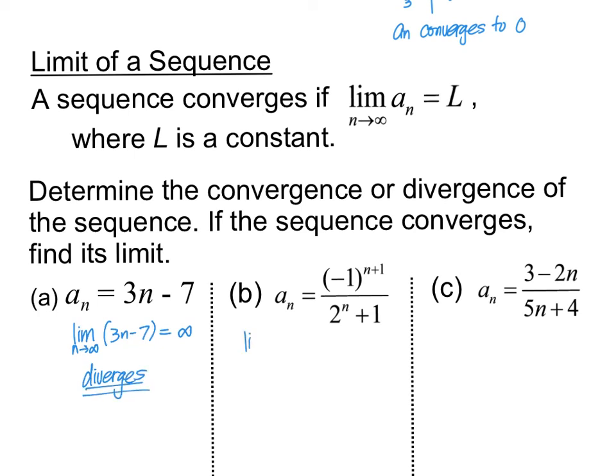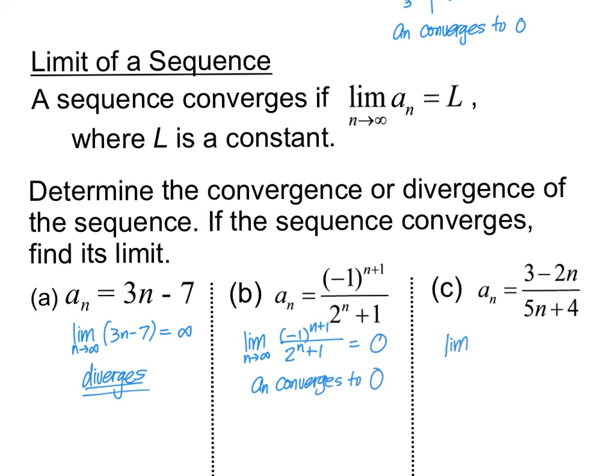Let's look at part B. We're going to take the limit as n approaches infinity of this explicit formula. And this is one where the denominator dominates. And so the limit is 0. So a sub n converges, and it converges to whatever the limit is, and so it converges to 0.